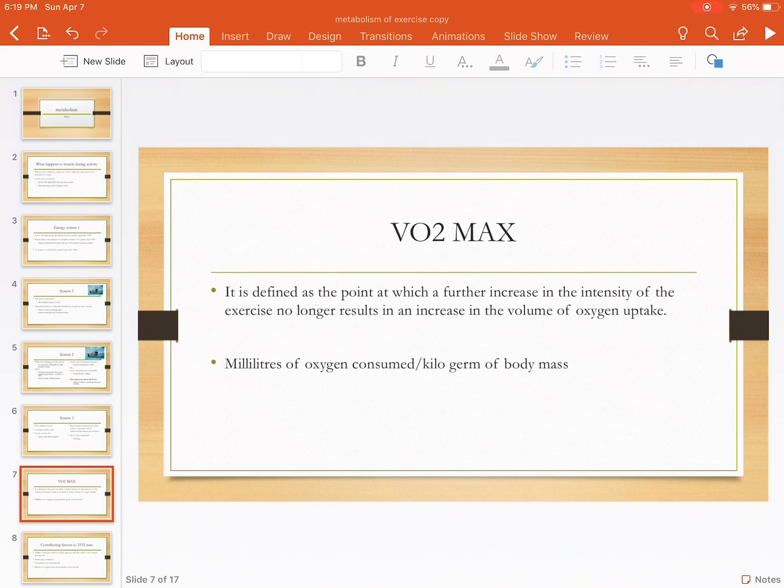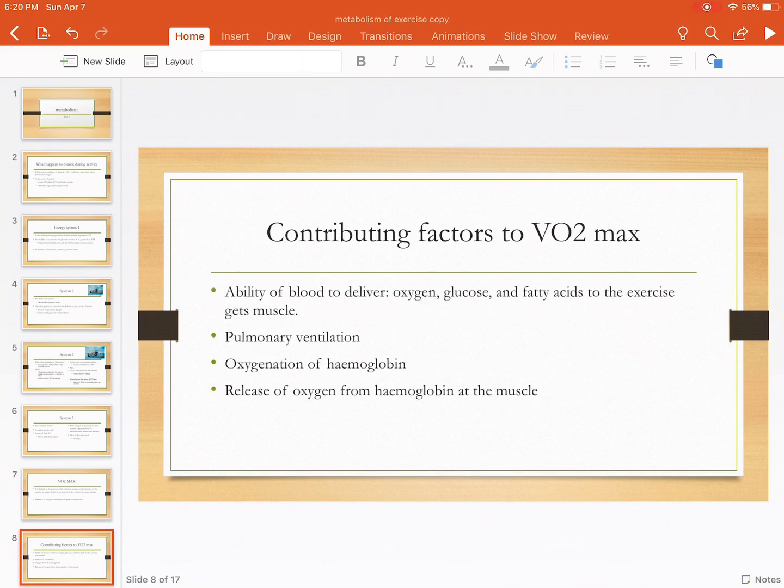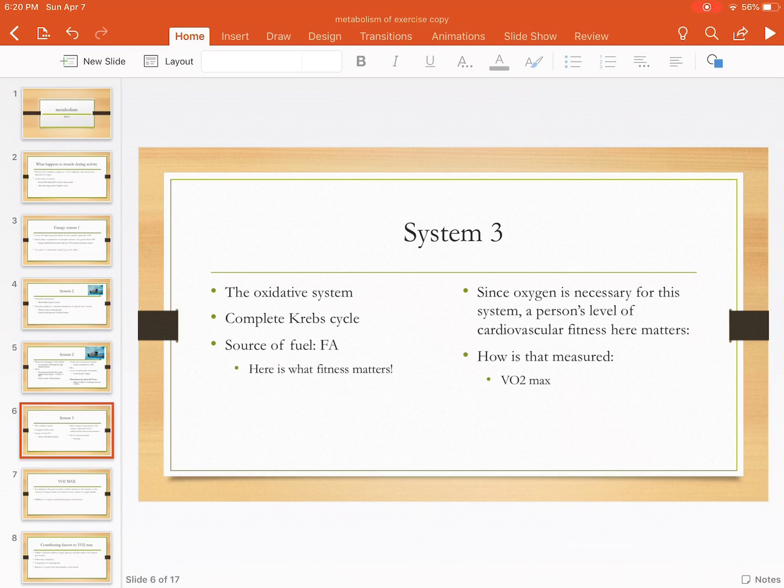But people that do cross-country skiing, they have the highest VO2 max value. It goes up to 90% because they are the ones that really utilize loads of oxygen. And that is not to say all the other athletes are not as fit. It's just because of the type of the exercise, because they use system 3 a lot more than other athletes.